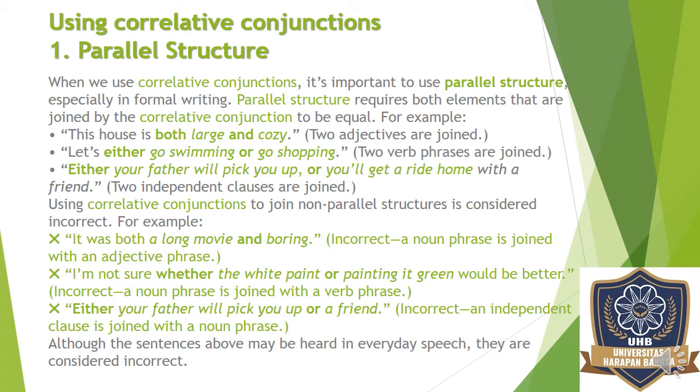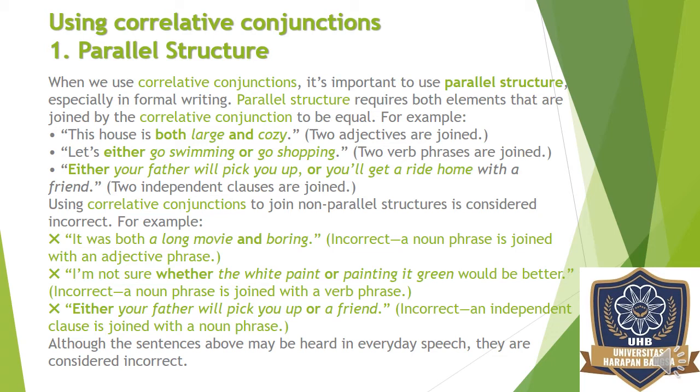This sentence is incorrect. Why? Because a noun phrase is joined with an adjective phrase. A long movie and boring. It's not correct composition. You can say it was both a long and boring movie.